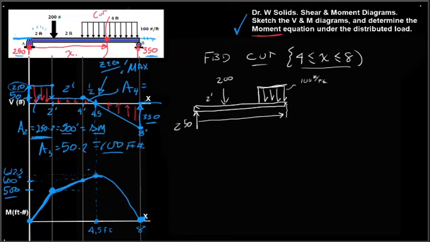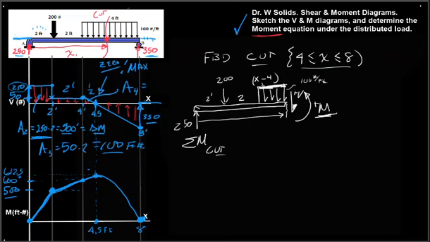So this distance that we are inside the distributed load would be X minus 4. Right there. So recall the standard convention here. A downward acting shear is a positive V, and internally that will be considered a positive M.